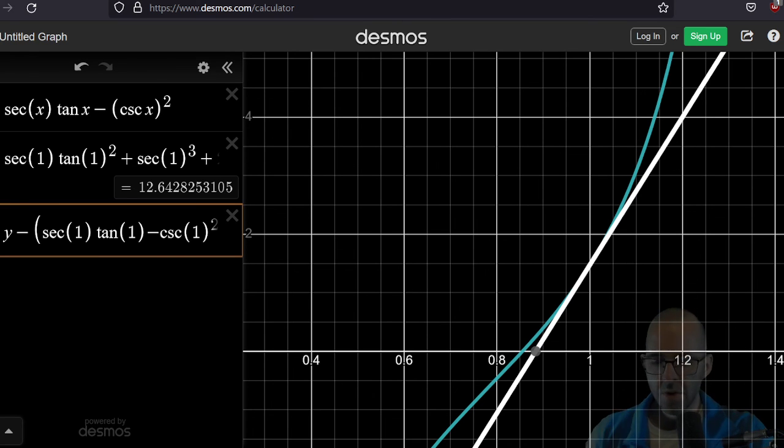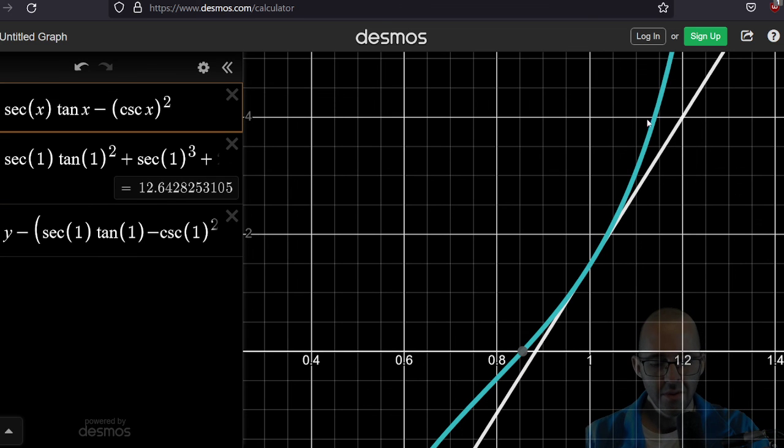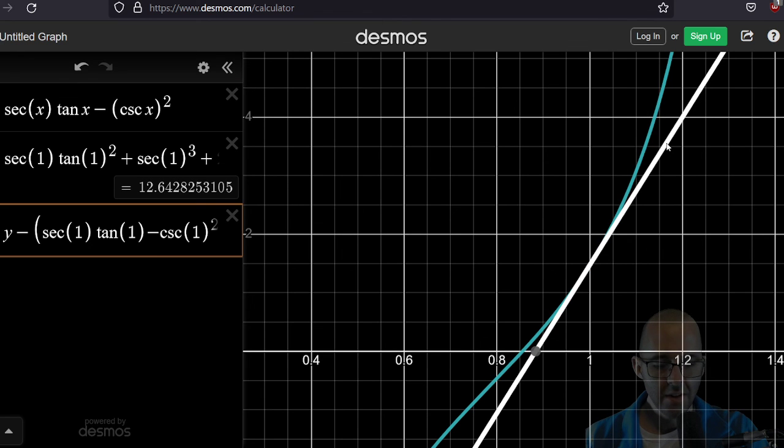So I just used our first derivative. Blue is the first derivative. And then I used the derivative of the first derivative, which was the second derivative, to find the slope of the tangent line. Because the slope of the tangent line of the first derivative is the second derivative. So that's one way to check your work on these.